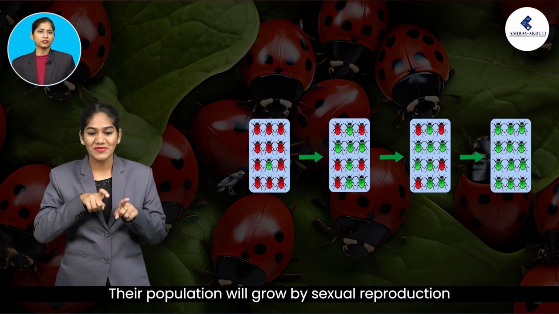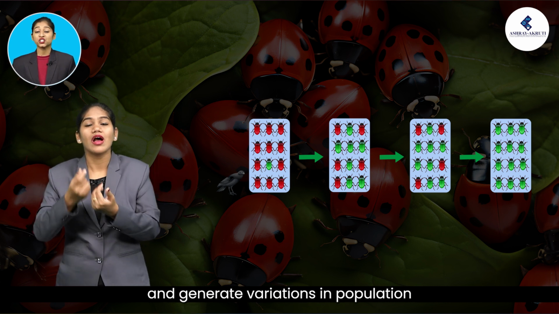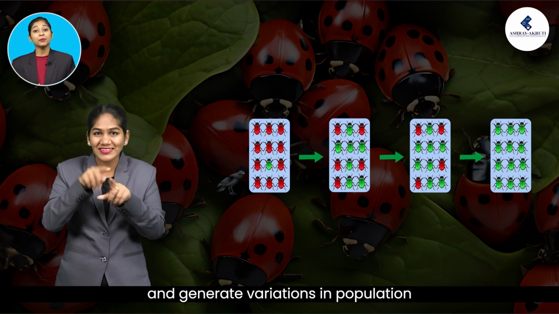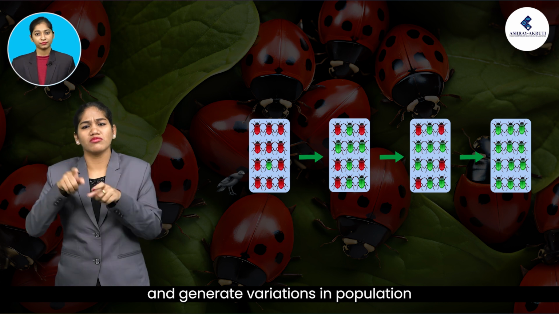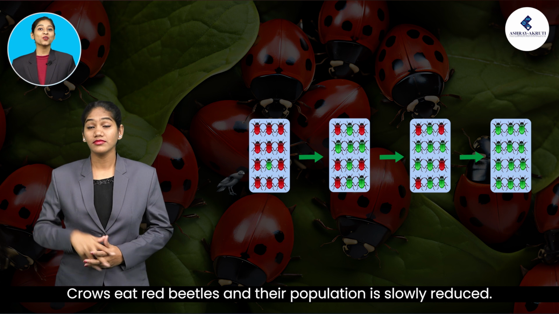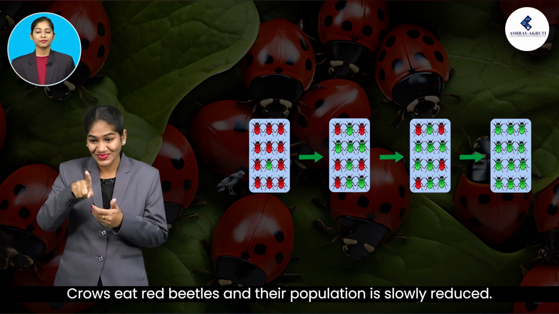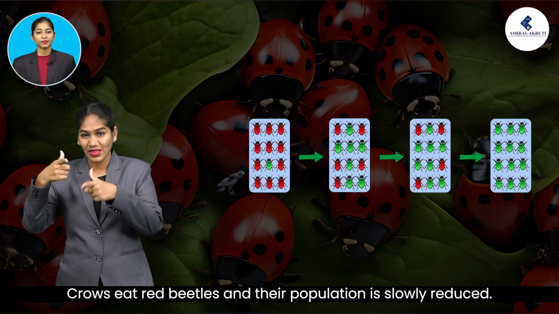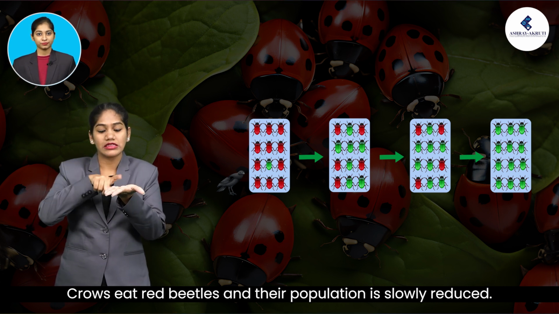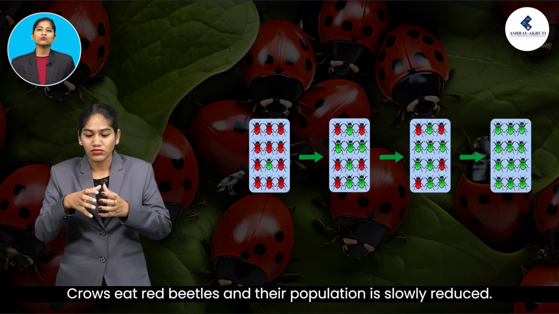Their population will grow by sexual reproduction and generate variations in population. Crows eat red beetles, and their population is slowly reduced.